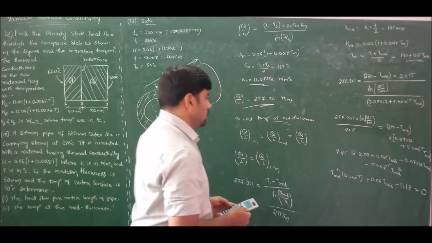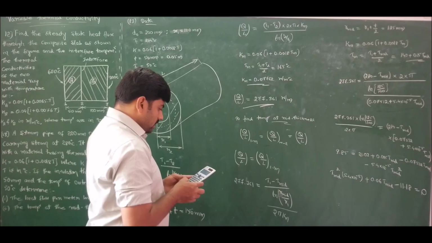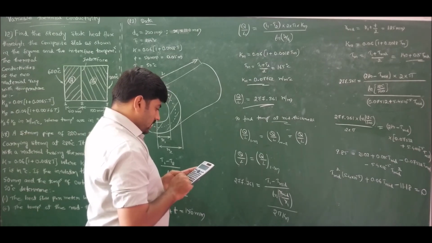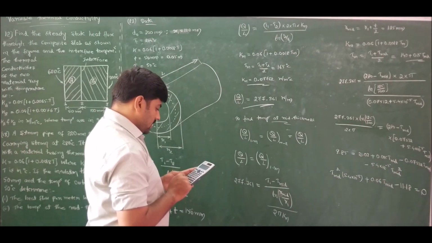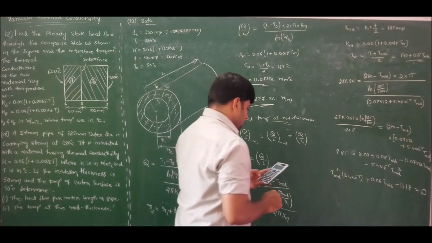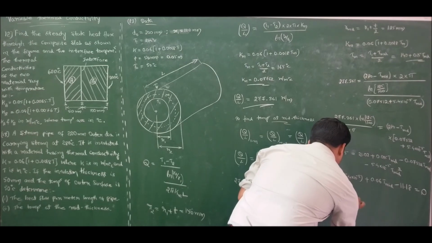So this is what I will get. Now I can solve this by using the quadratic equation. So A is 5.4 into 10 to the power of minus 5, B is 0.06, C is minus 11.18. So if I solve, I will get the two roots for T mid.